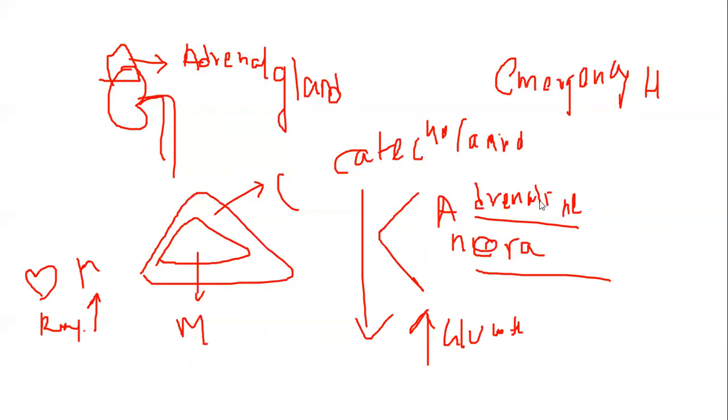And these are produced in case of an emergency or any case of stress. So they are called hormones of fight or flight or emergency hormones. They increase sweating, alertness, pupillary dilation, they increase heartbeat and also respiratory rate. They also increase the glucose concentration in the blood, and they also help in breakdown of lipids and proteins.